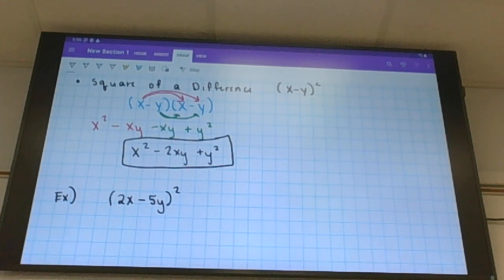How do you turn 25? Wait, what is it? Oh, the inner terms are 5 and 5. Oh, it's 5y and then 2x.